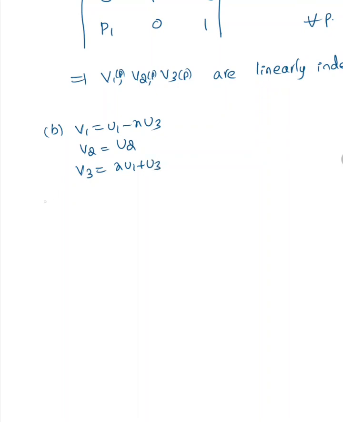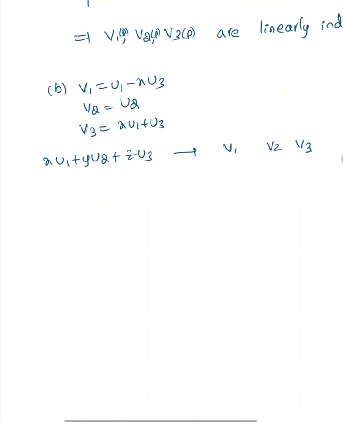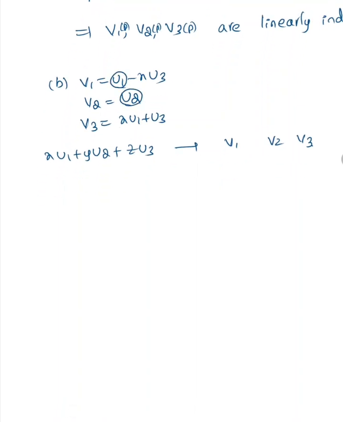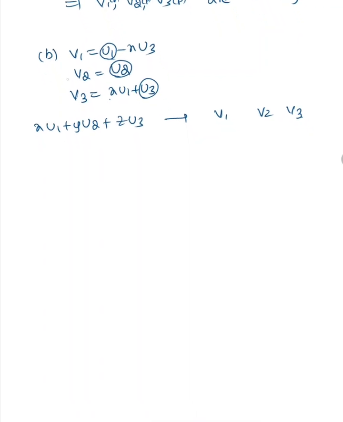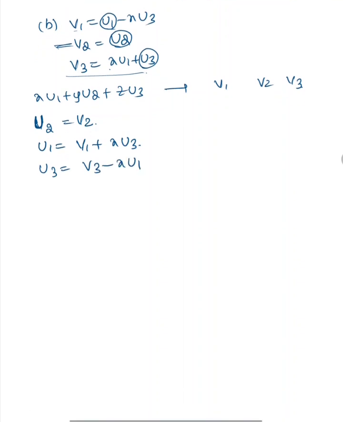So what we need is to find x u1 plus y u2 plus z u3 as a linear combination of v1, v2, v3. Therefore we have to express u1, u2 and u3 in terms of v1, v2 and v3. From the second equation we directly have u2 is equal to v2. From the first one we have u1 is equal to v1 plus x u3, and from the third u3 is equal to v3 minus x u1. So I will just put u3 in this equation.